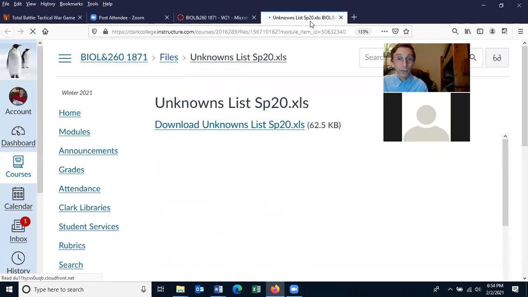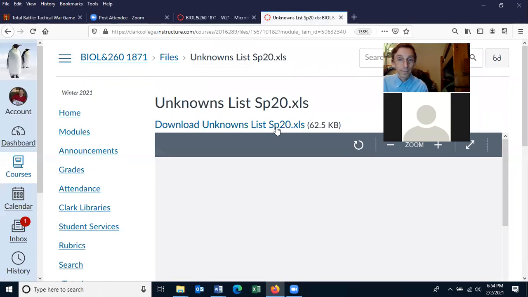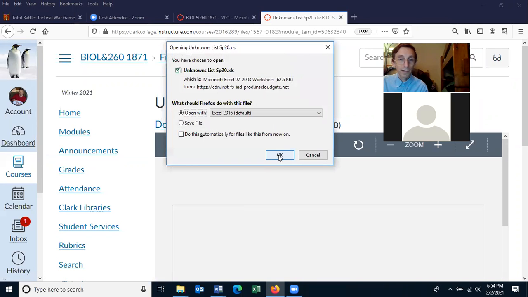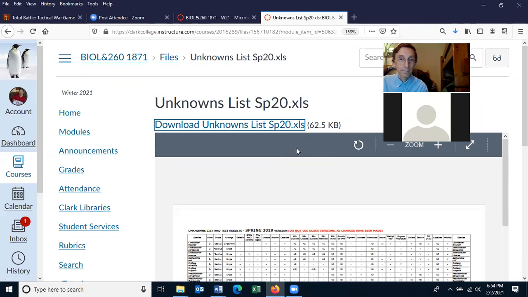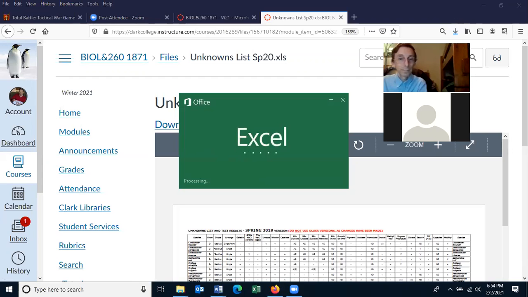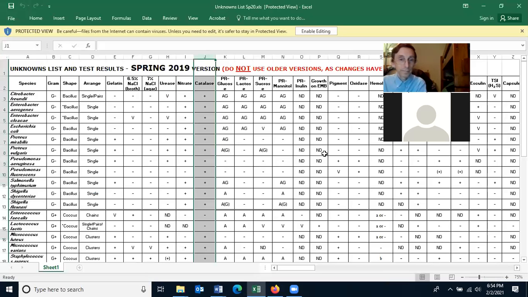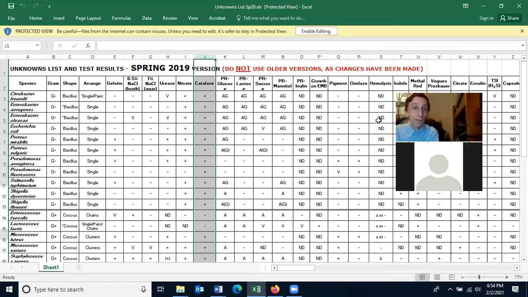I think there's about 20 unknown gram-positive species and 20 unknown gram-negative species. I'm opening it this way because it'll be a larger print. This is important because it shows you the possibilities.